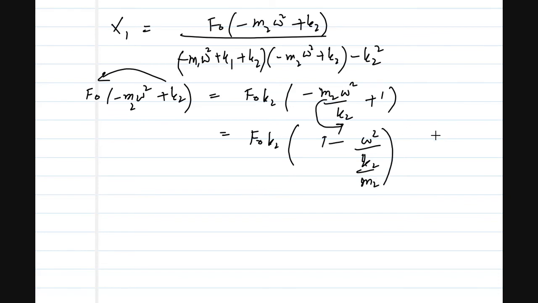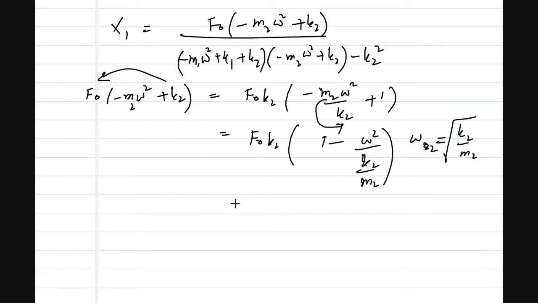Now k2 over m2 is nothing but the individual natural frequency of the absorber mass, which is k2 and m2. Again repeating, in the Thomson book it is written as omega 22, that is the individual natural frequency. It means that if you remove k2 and m2 from the main mass and then measure its natural frequency, it's k2 over m2, as we have been doing in the last few weeks.